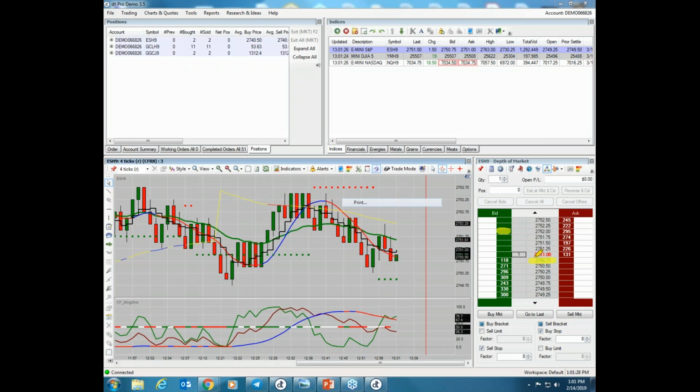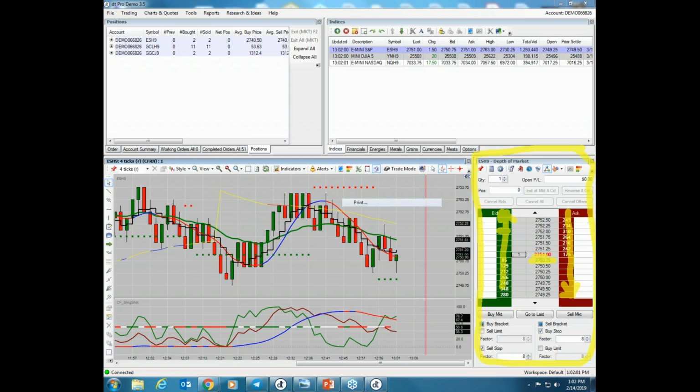That would be the last price here. Or he's getting ready to sell it below the current market price. So if the market does shoot up and qualify, he's going to be long with the momentum. If it breaks down and he's got a sell setup, a short setup, he's going to be getting short on some weakness. And everything is going to be executed on this depth of market, or this tower.